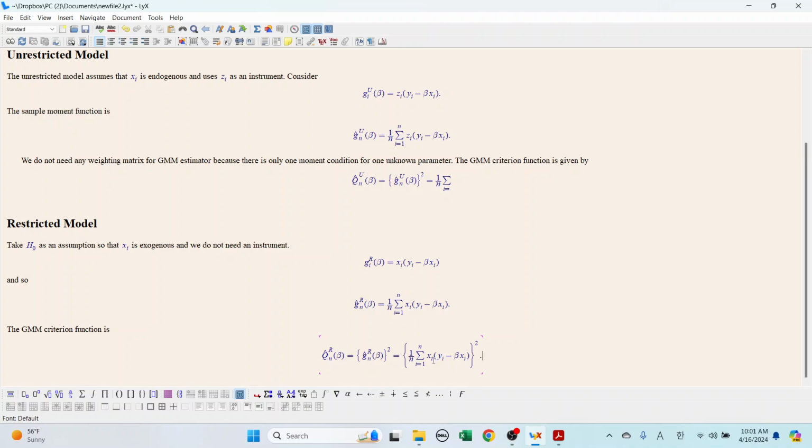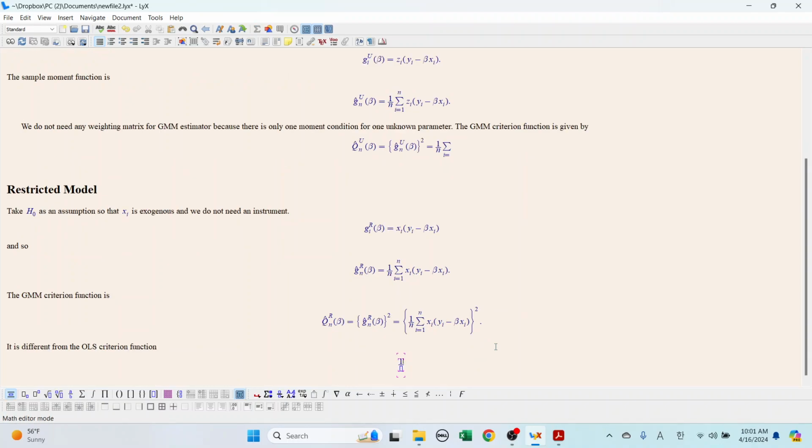It is different from the OLS criterion function, which looks like this: there you square inside the summation.